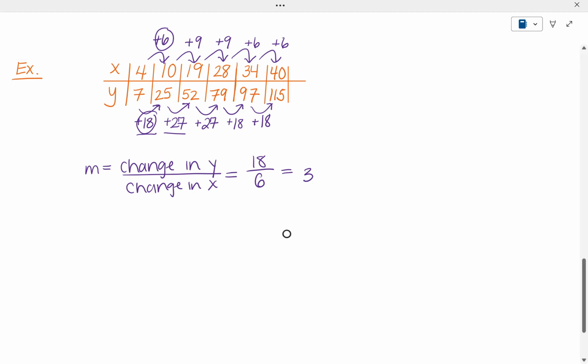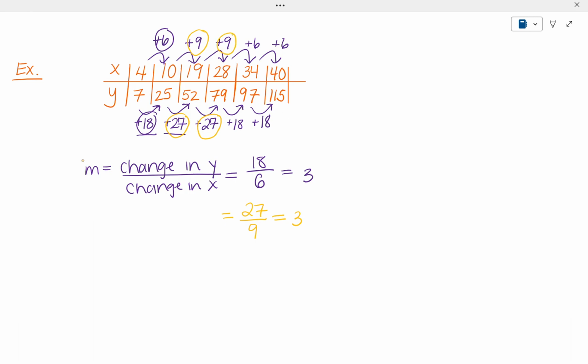Now looking at the next change in y and next change in x, in this case we have 27 over 9. 27 divided by 9 is 3. And here we have the same change in y and change in x. This again is 27 over 9, which is equal to 3. And then we have 18 and 6, which is 3. And then 18 over 6 is 3 too.